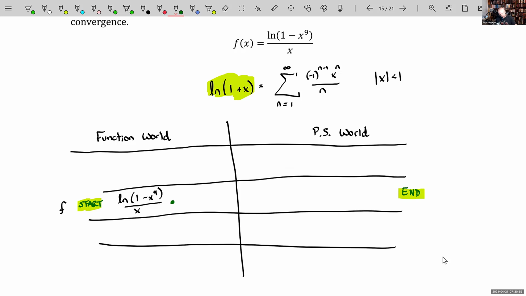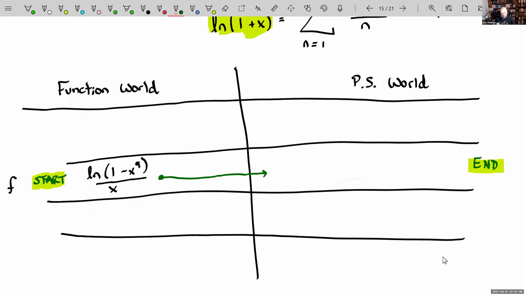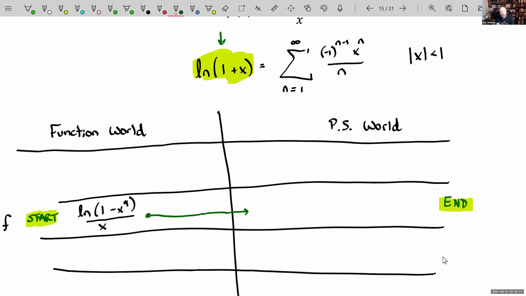But then there was a direction I had mentioned last time, which is straight across. And I said, normally you would not be able to do that. It would be a simple question if you were able to do that. Well, here's a case where you can do that because we have a representation for the natural log of 1 plus a picture.